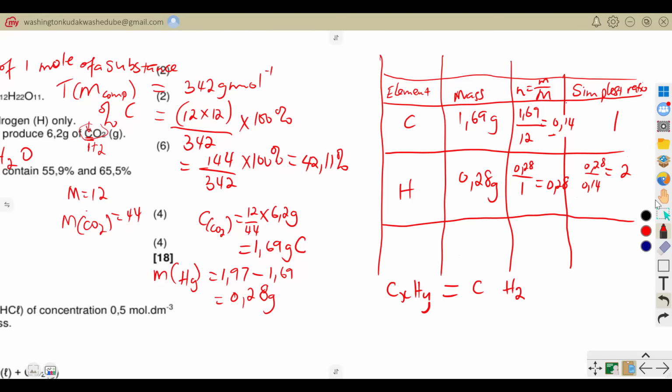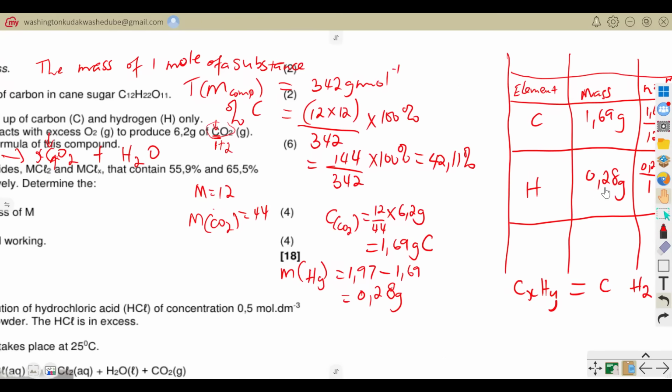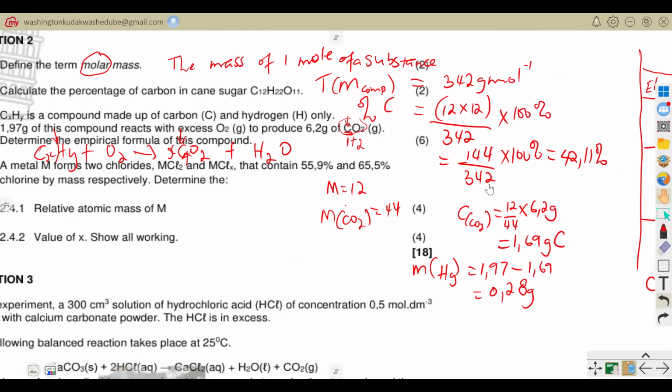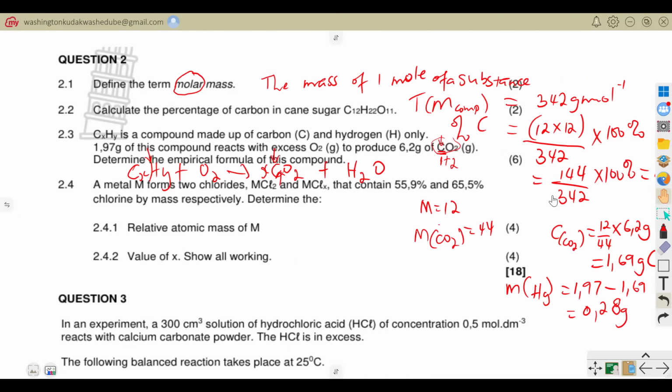So we can look back to the question and see what it highlighted for us. We were given this compound and the total mass of the compound, and we're told that it is reacting with oxygen and producing 6.2 grams of carbon dioxide, and we're supposed to determine the empirical formula.